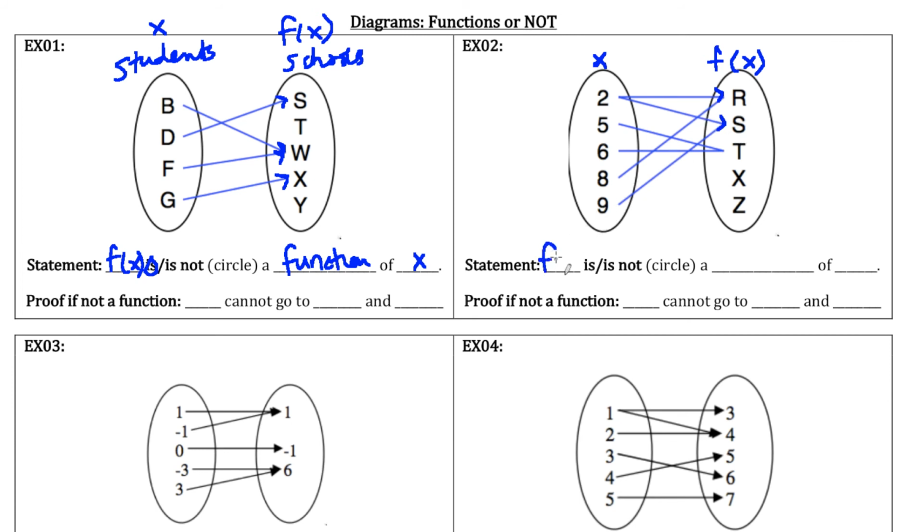So f of x is not a function of x, because 2 cannot go to R and S.